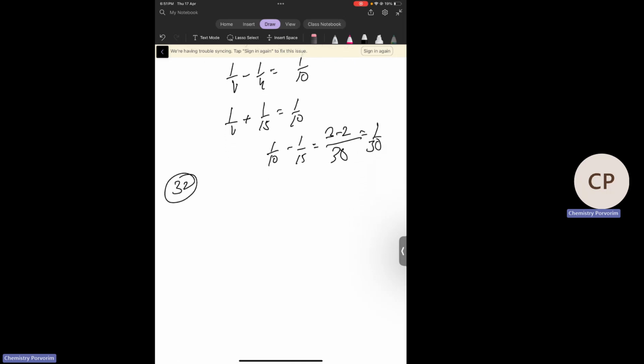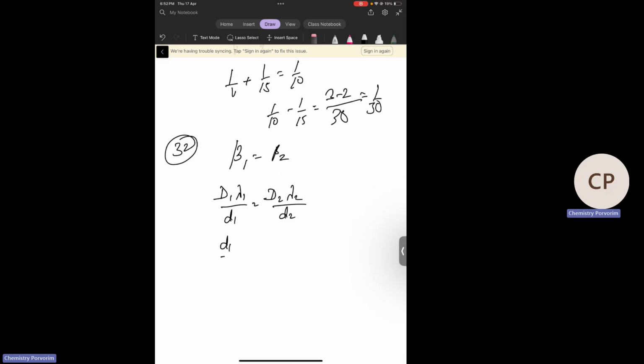32. The wavelengths of light used in two Young's double slit experiments are this and this. If their fringe widths are equal, beta 1 is equal to beta 2, then when the screens are placed at this and this distance from the slits respectively, find the ratio of the distances between the slits. Okay, lambda 1 D1 by d1 is equal to lambda 2 D2 by d2.